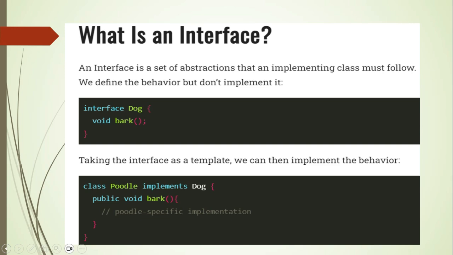An interface is a set of abstractions that an implementing class must follow. We define the behavior but do not implement it. So using an interface we define the behavior but not the concrete implementation.